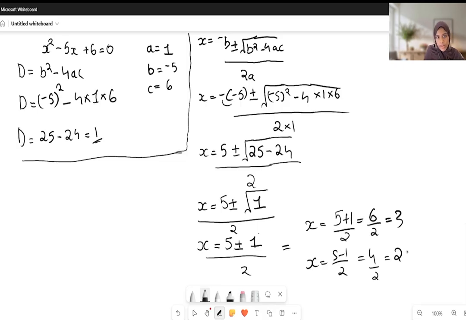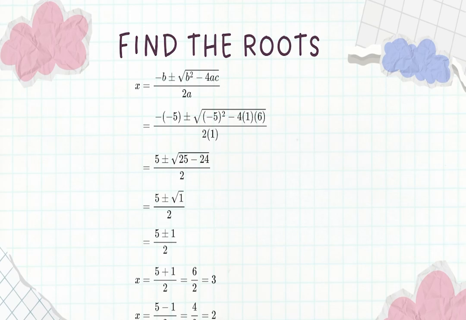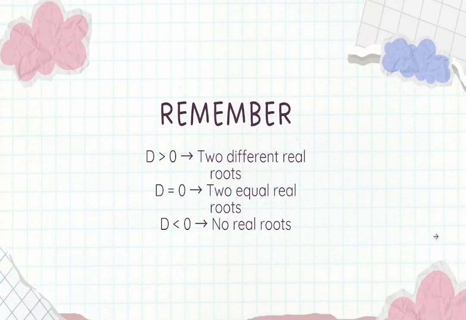Okay. So now let's go back to Canva. And okay, now remember that D greater than 0 is two different real roots, and D equal to 0 means two equal real roots, and D less than 0 is no real roots.